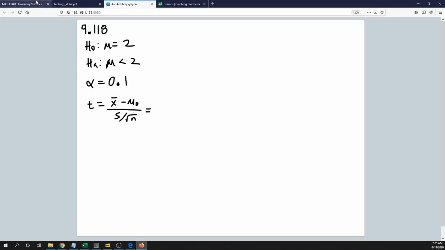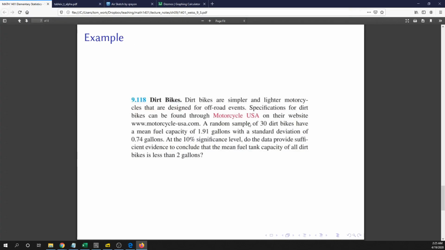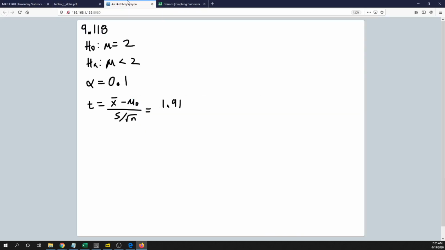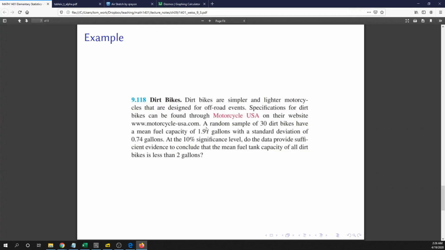X bar is our sample mean, which is 1.91, the mean fuel capacity. Mu naught is the number that's in the null and alternative hypotheses. S is our sample standard deviation, so that's 0.74.